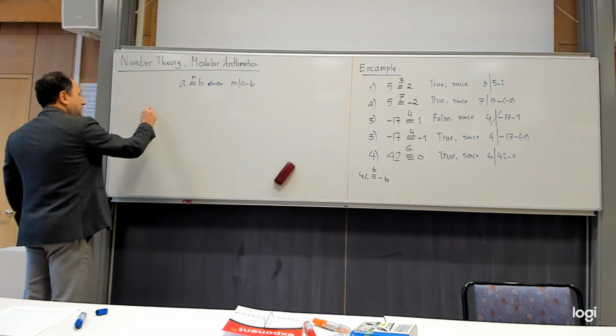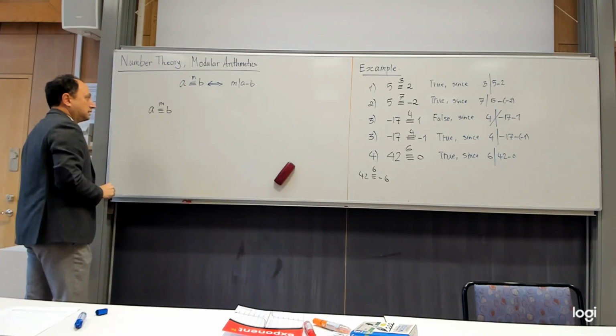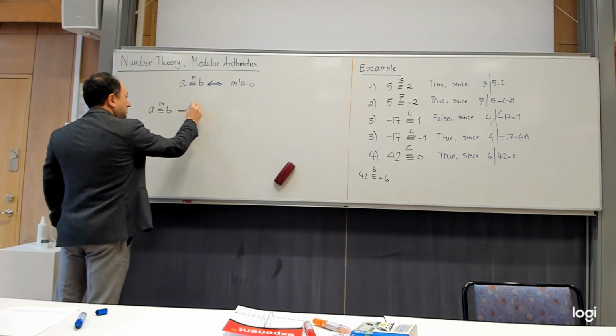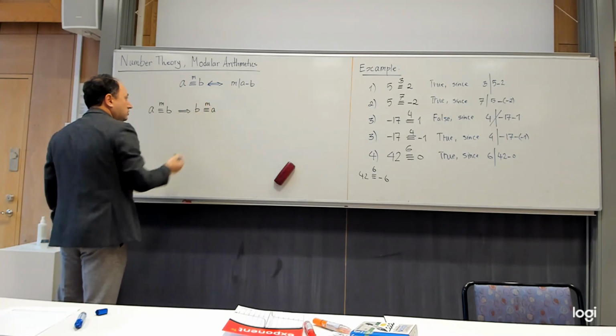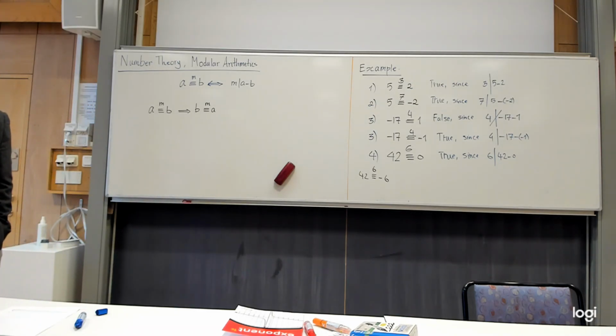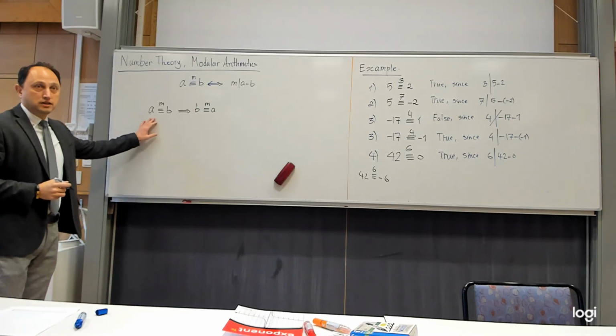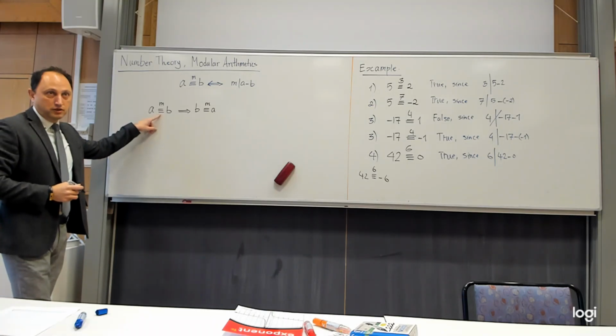It means that if someone tells you that this is a true statement, can you conclude that b is congruent to a with the same module is also a true statement? Yes or no? If the answer to this is yes, then this relation is symmetric.